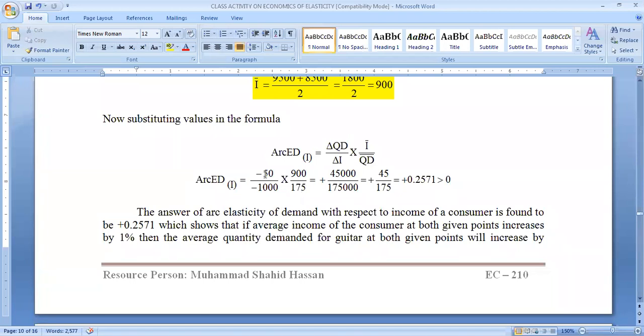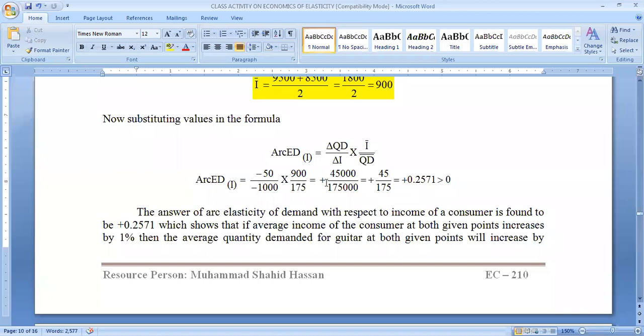So multiplying 50 with 900 gives 45,000 and multiplying 1000 with 175 gives 175,000, right? So three zeros are cancelled out. The left answer is 45 divided by 175. The plus sign appears because the negative turns to positive, right?